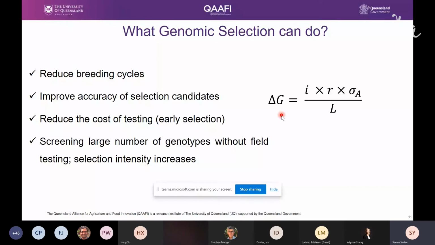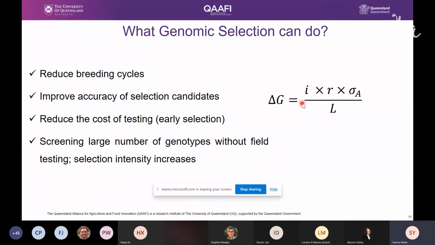With genomic information, we can also improve the accuracy of selection of candidates. If this r increases, the genetic gain will increase. In early testing, selection accuracy is low, because in the early stages of selection there is very little replication and the genotypes are tested in very few environments. So accuracy will increase if we use DNA information.